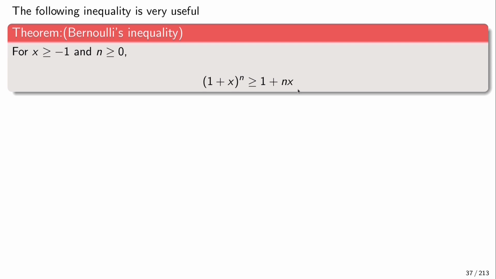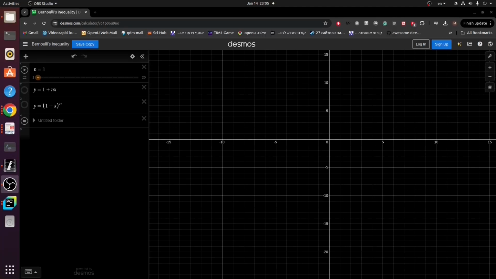The following inequality holds. And let's see some intuition of how it behaves and how this inequality looks geometrically. So let's see the geometrical intuition behind Bernoulli's inequality. For n equals 1, we have two curves here which coincide. Why? Because when n is 1, this is 1 plus x, and this is 1 plus x to the power of 1.